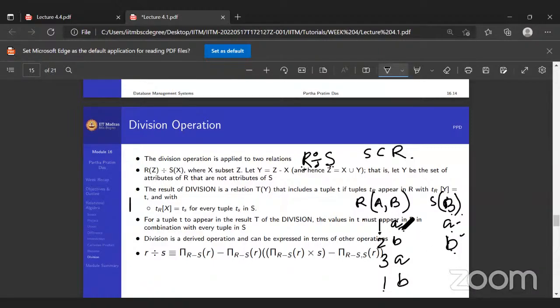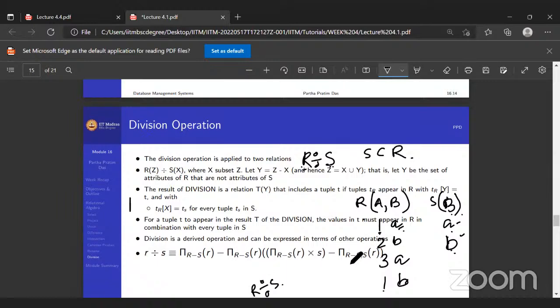Here you can see 1A and 1B, so the answer will be 1. This is the division operation.